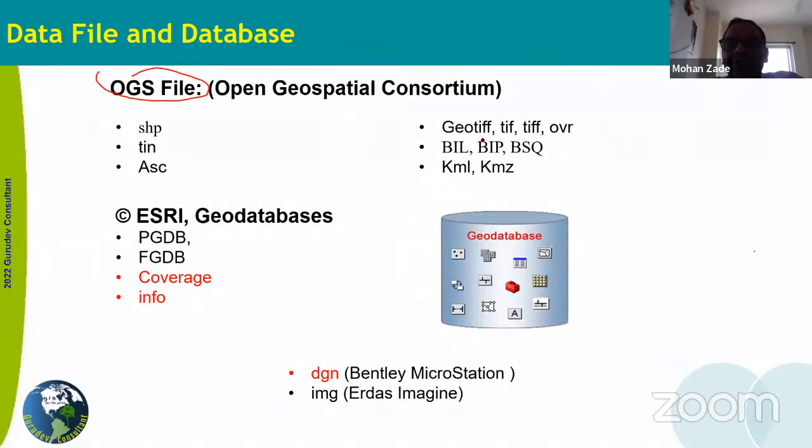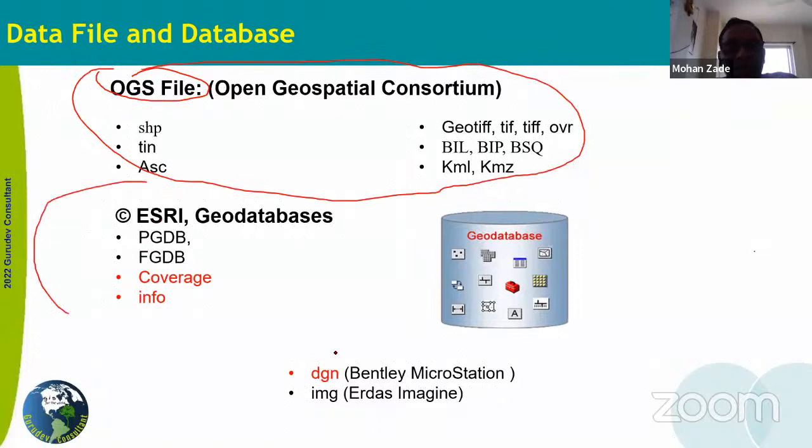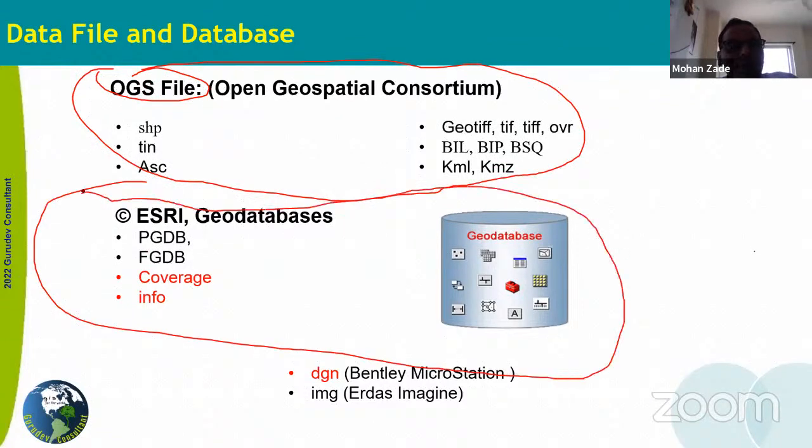For raster, it is GeoTIFF, TIFF, band interleaved by pixel, band interleaved by line, band sequential, KML and KMZ, Keyhole Markup Language, and so on. These are the open source formats. And these are the proprietary formats developed by ESRI, like PGDB, personal geodatabase, file geodatabase, coverage, and INFO.